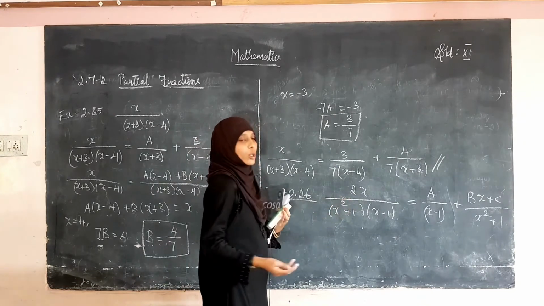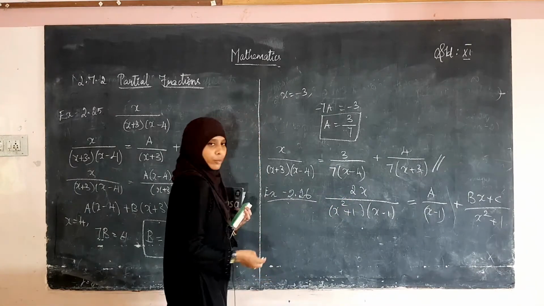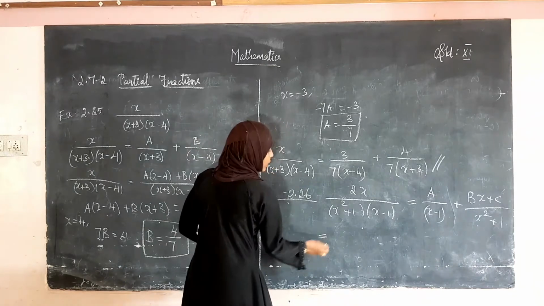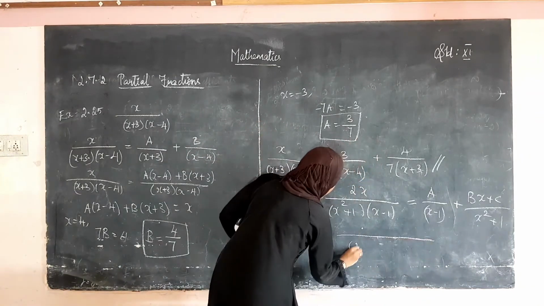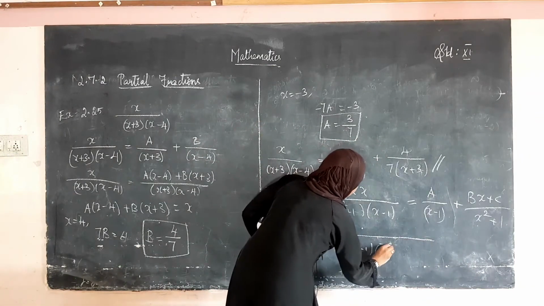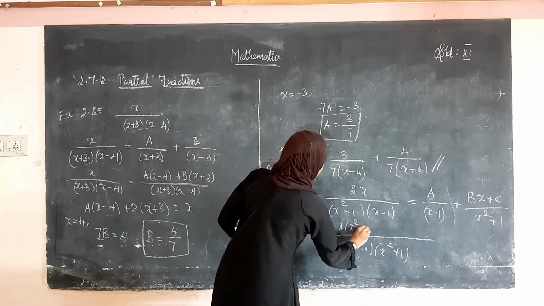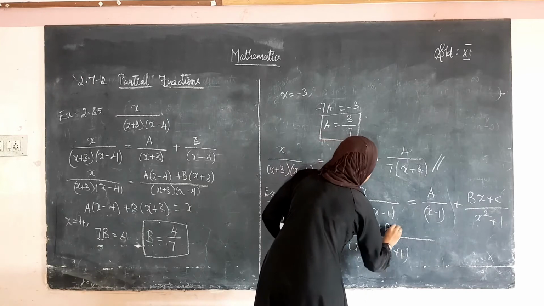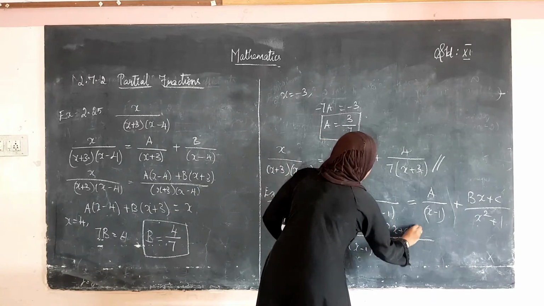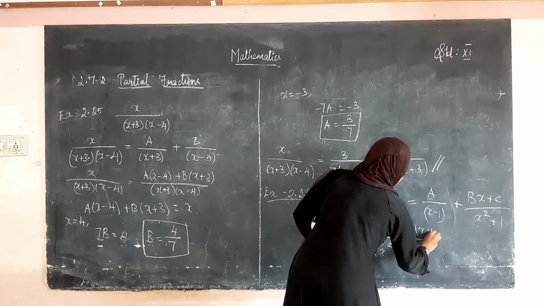Now we have to find the value of a, b and c. How are we going to find it? So equal to, take the LCM, the LCM will be x minus 1 into x squared plus 1. So a into x squared plus 1 plus bx plus c into x minus 1.